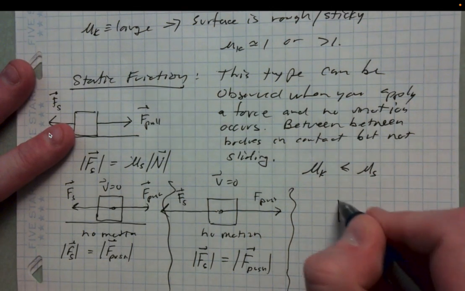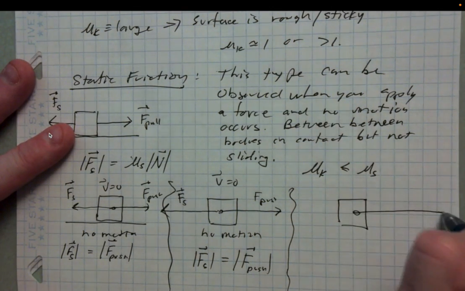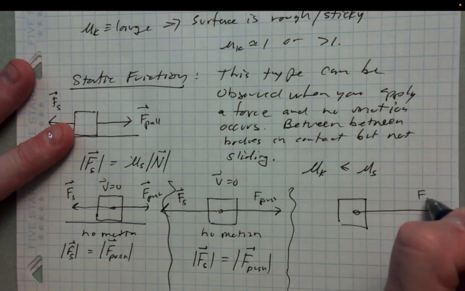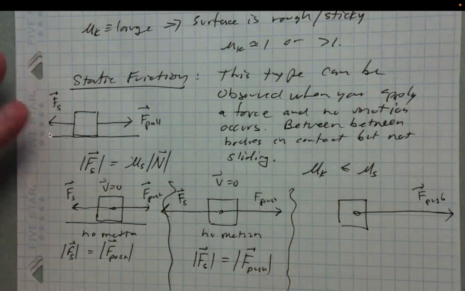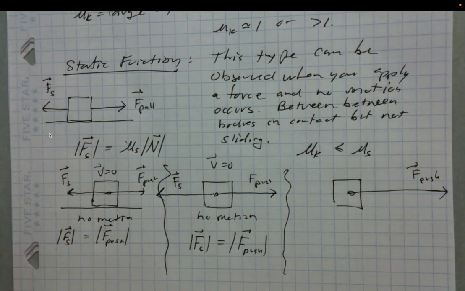So maybe I push really hard. Well, if I push really, really hard, I'm going to meet the threshold whereby static friction gives out. That coefficient establishes a threshold. There's some amount of force that can be applied that is going to eventually break this thing loose, right?